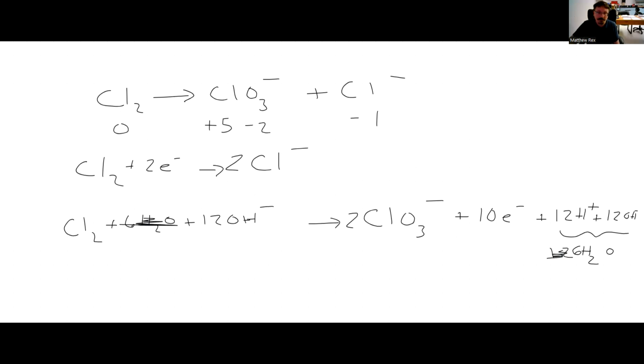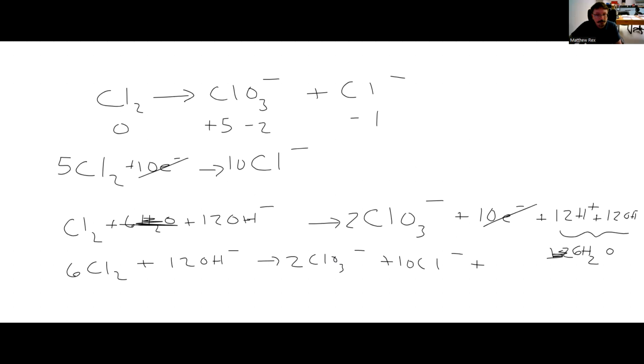We have to have the same number of electrons. I have 10 in the bottom and only 2 in the top, so if I multiply everything in the top by 5, that'll get it so my electrons can match. Cancel out our electrons. And nothing else to cancel out. That's going to give us 6 Cl2 plus 12 OH minus goes to form 2 ClO3 minus plus 10 Cl minus plus 6 H2O.